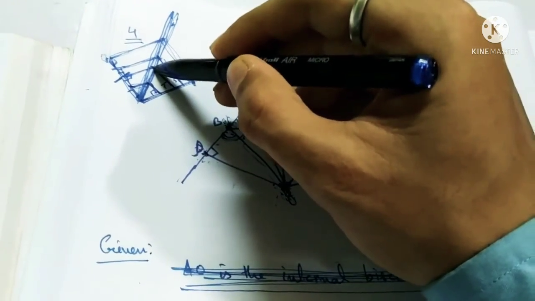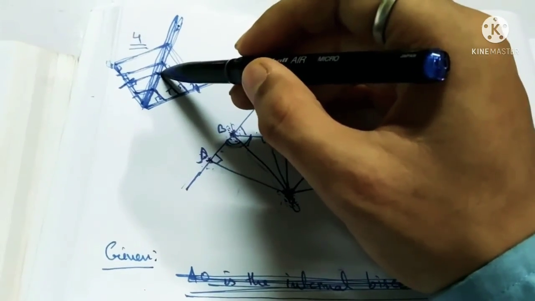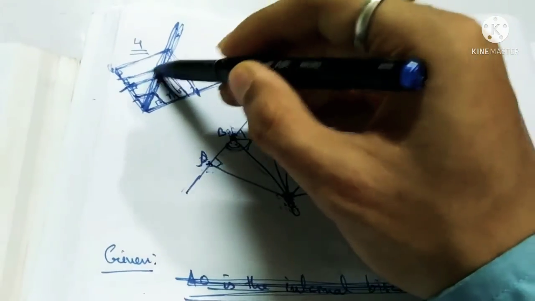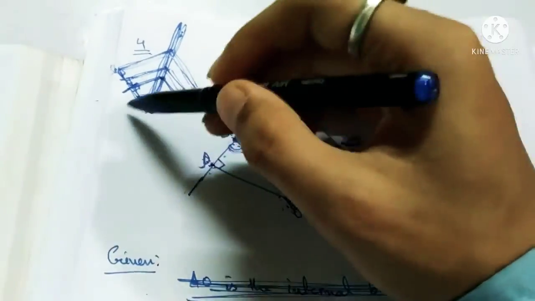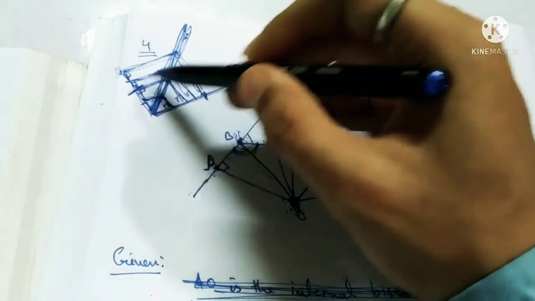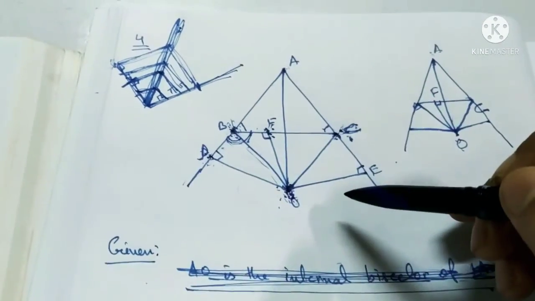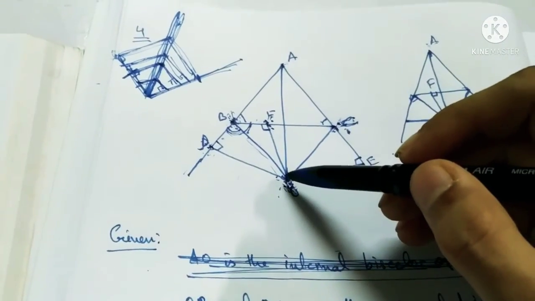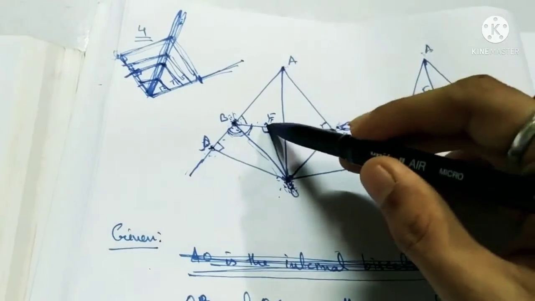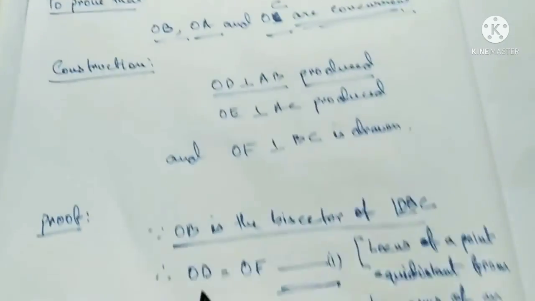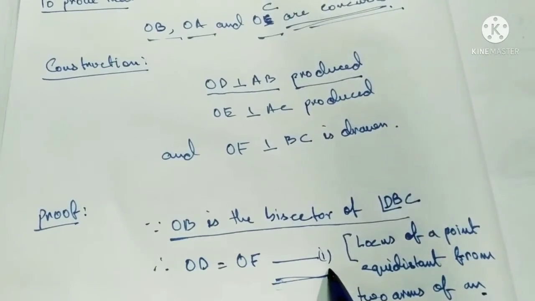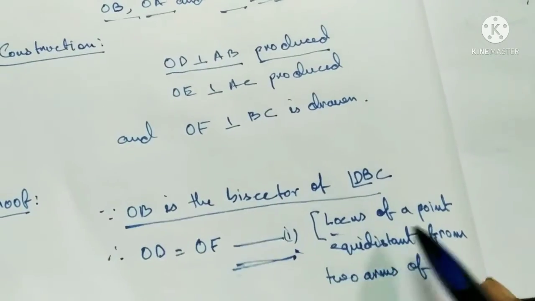So from this angle bisector, any perpendicular distance you draw on the arms of the angle, these two distances will be equal. So therefore I can say that OD is equal to OF, equation 1.